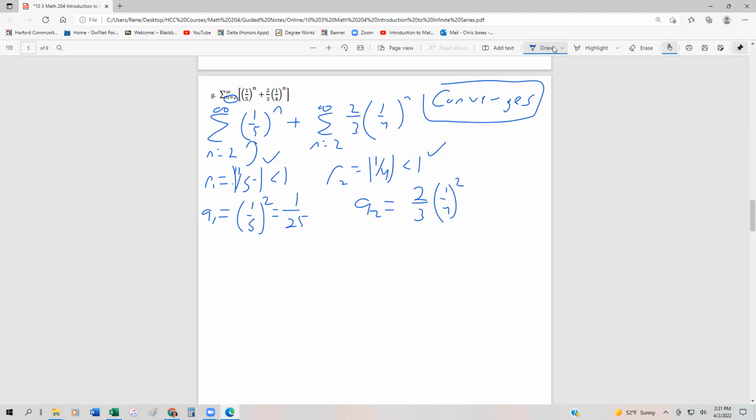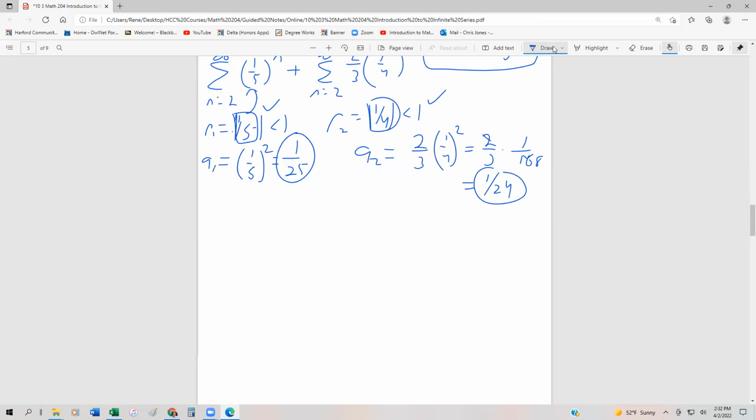And so that's going to wind up being 1/24th, because that'll be 2/3 times 1/16, and then that just becomes an 8. So we get 1/24 for a2. So keep these in mind. We might have to use some computer algebra system if the numbers get too out of hand. Number r1 is a fifth and r2 is a fourth.